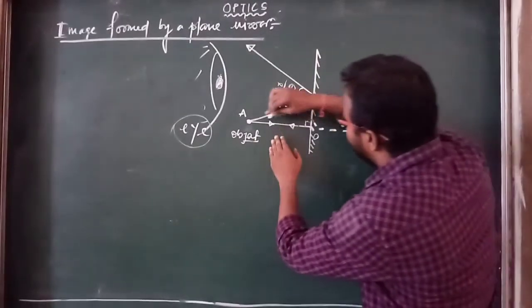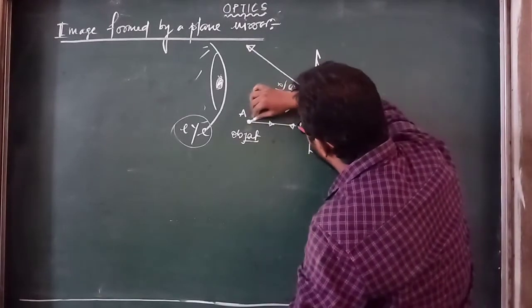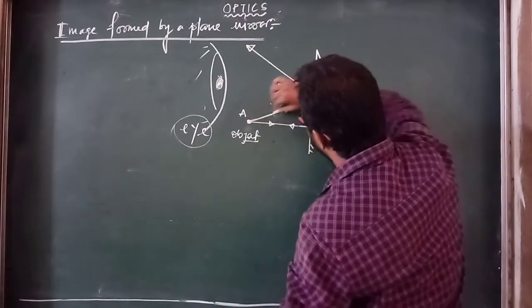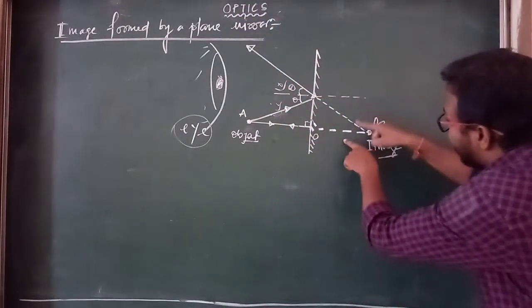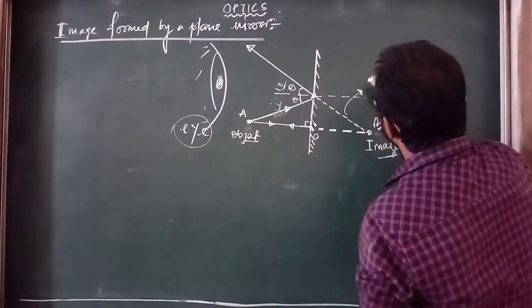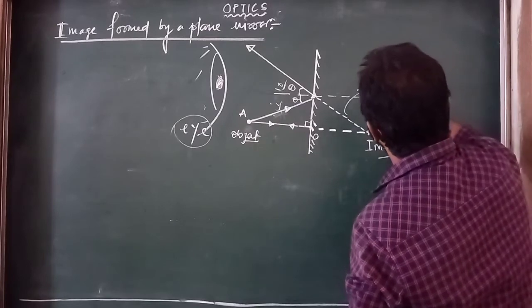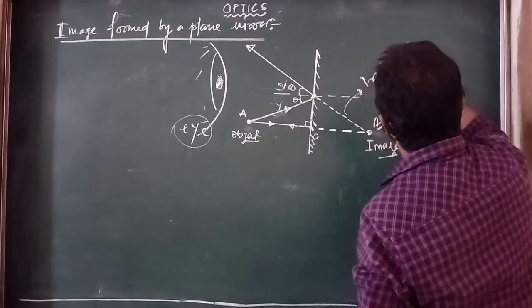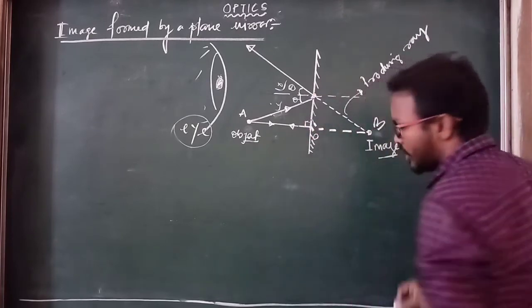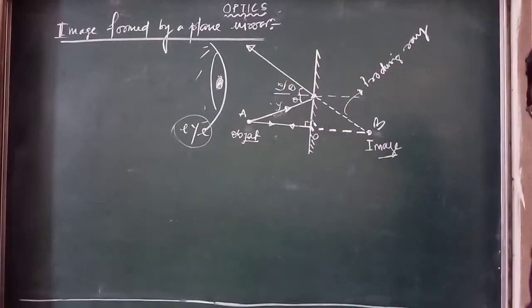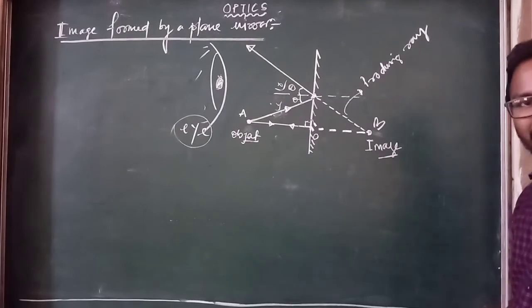Actually this is the original ray, and this ray is incident at this point and reflects back to the original medium. But the extended or produced ray appears to meet at a particular point, and that point is known as the image. Clear?